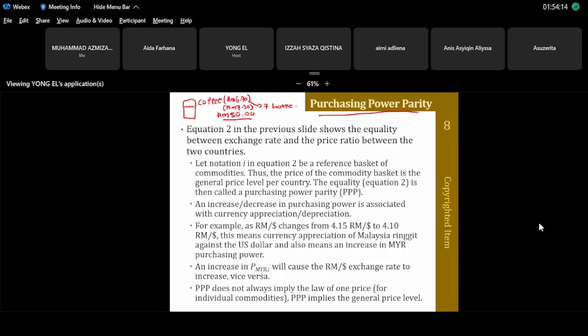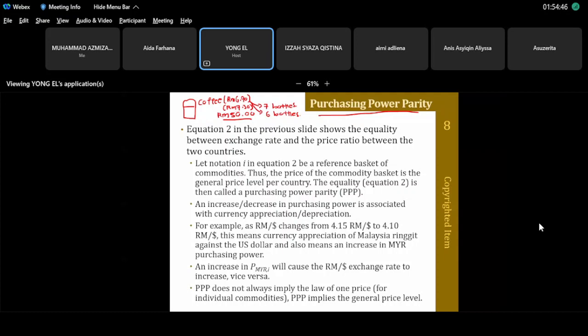Yes, correct. With this new price, you get only 6 bottles. This indicates that the purchasing power of 50 ringgit has decreased when inflation happens. The price of coffee increases from 6 ringgit 90 cent to 7 ringgit 30 cent. This is the impact of inflation.